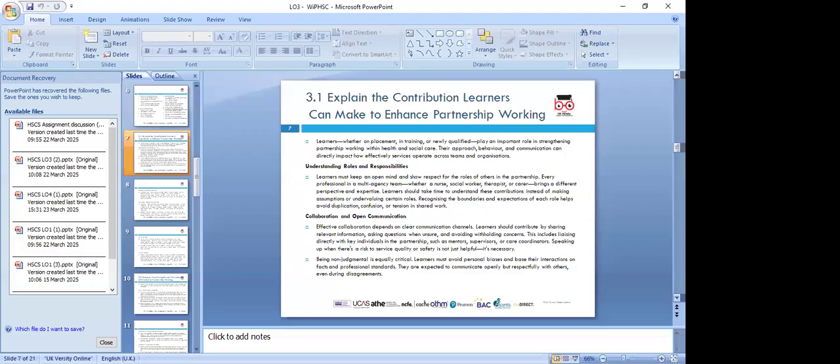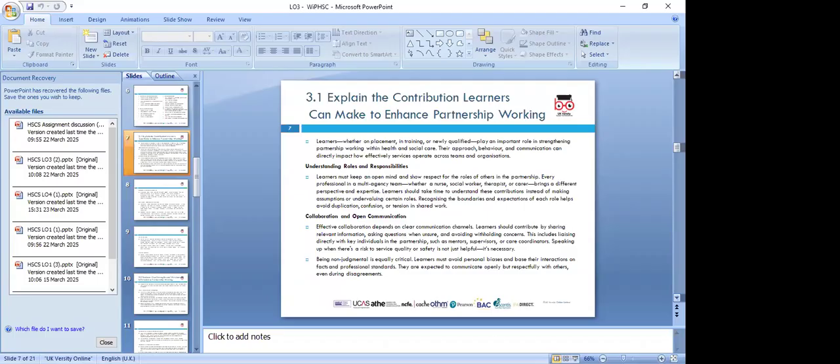Understanding the roles and responsibilities. Learners must keep an open mind and show respect for the roles of others in the partnership. Every professional in a multi-agency team, whether a nurse, social worker, therapist, or carer, brings different perspectives and expertise.